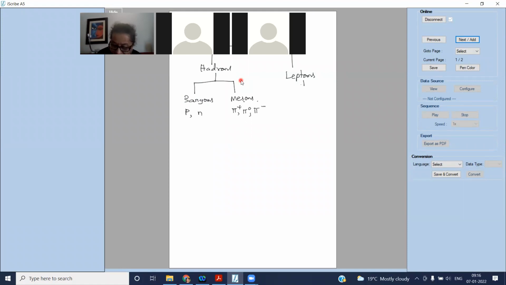In leptons, I have the electron, the mu minus, and the neutrino. Now, that's all.